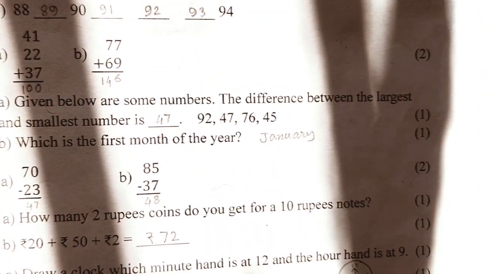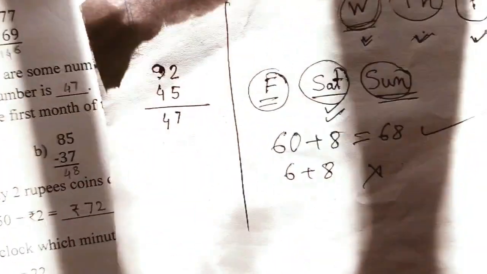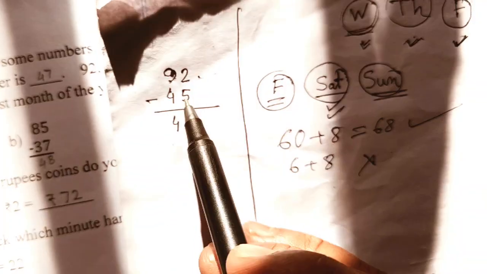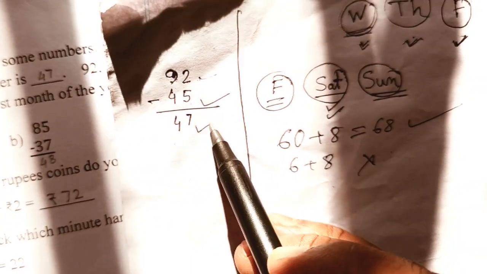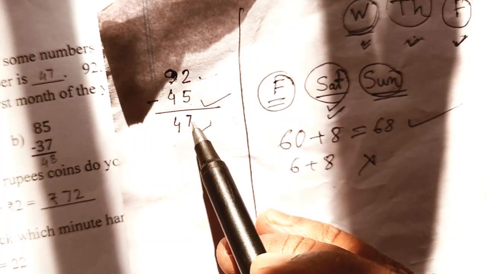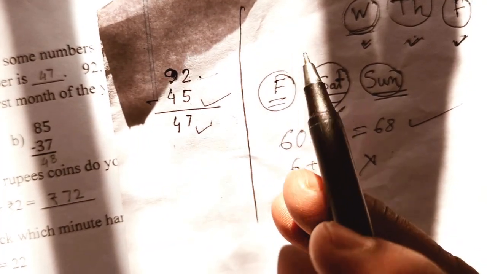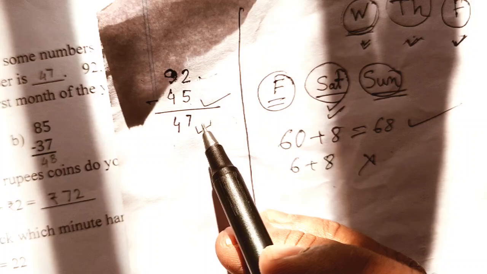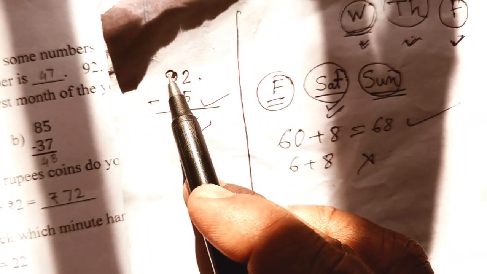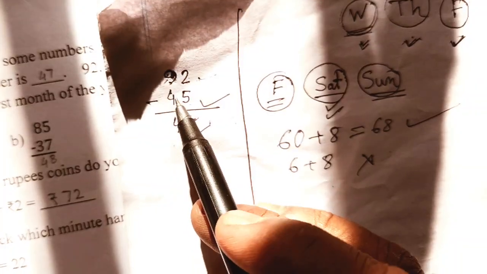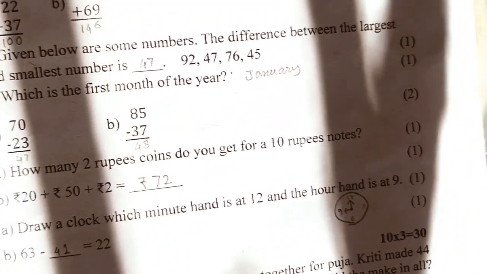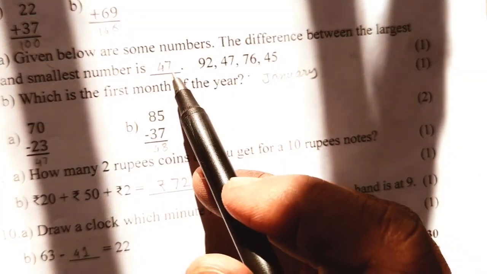So we can subtract 92 minus 45. 2 cannot subtract 5, so we take 12, and then subtract: 5, 6, 7, 8, 9, 10, 11, 12, it is 7. Here we have 9, it will be reduced by 1 and become 8, and 8 minus 4 is 4. Okay, 47 is the answer. So 47 is the right answer.